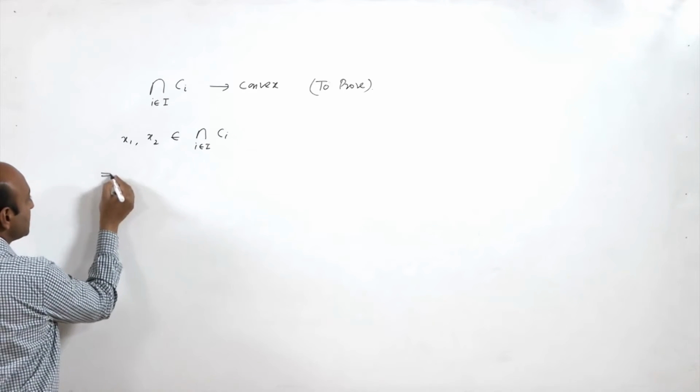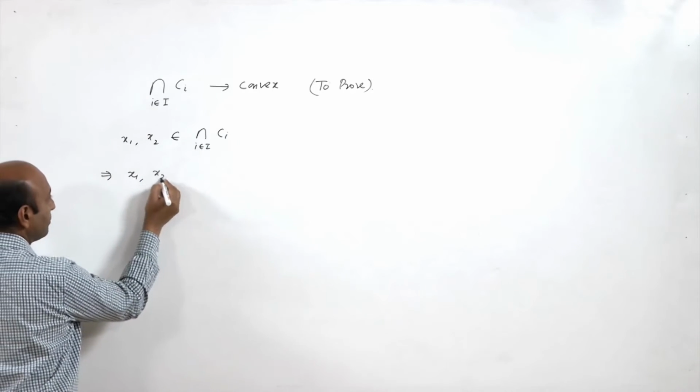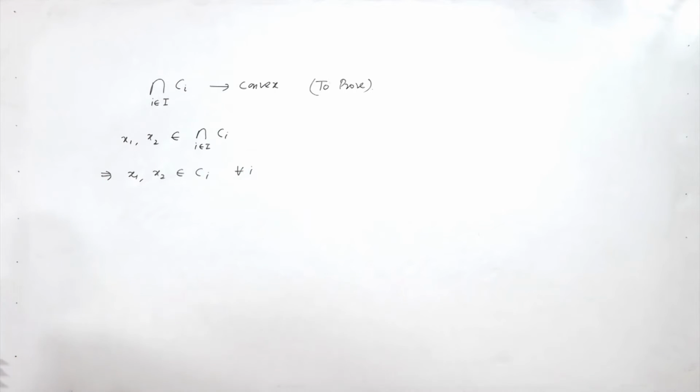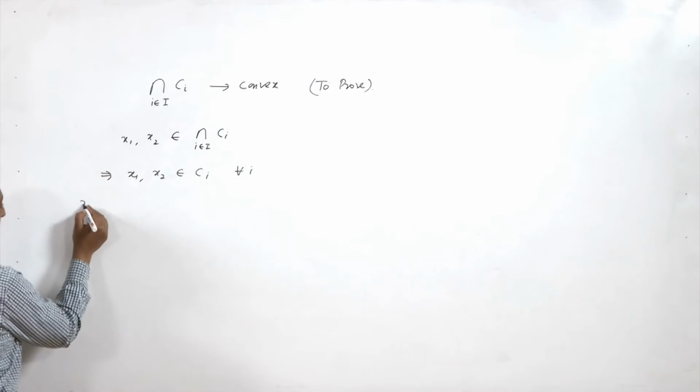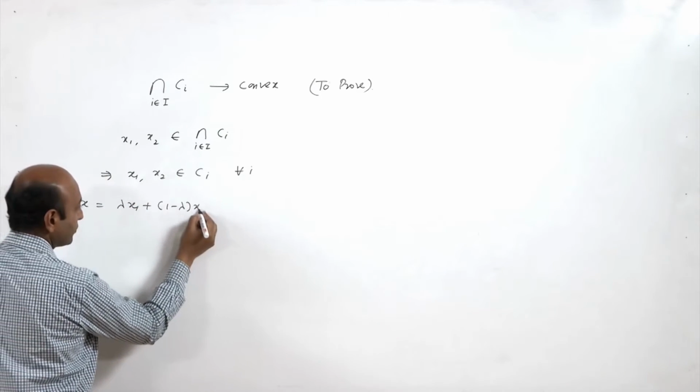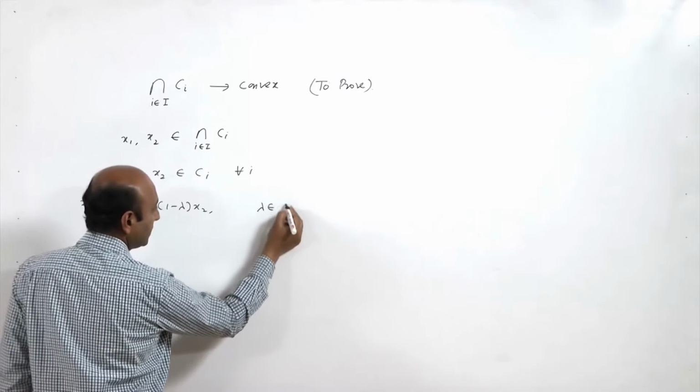Now, this implies x1, x2 belong to Ci for all i. And now, you take x as a convex linear combination of these 2 points for lambda between 0 and 1.